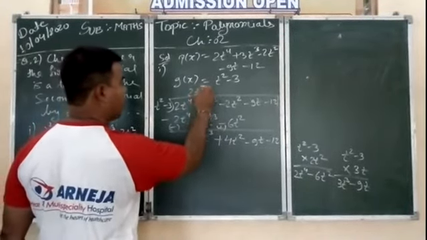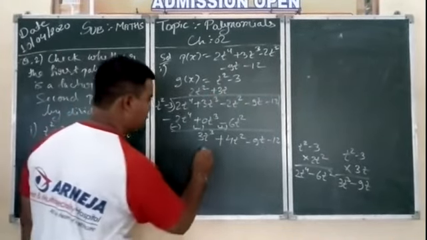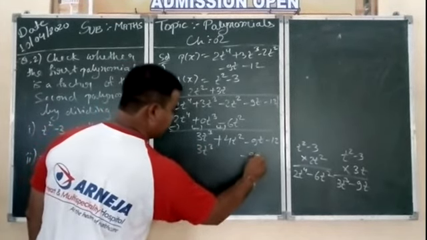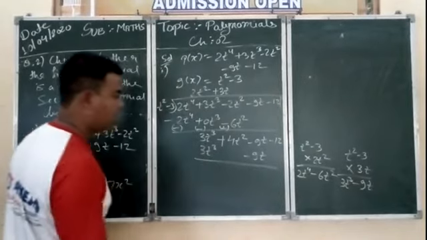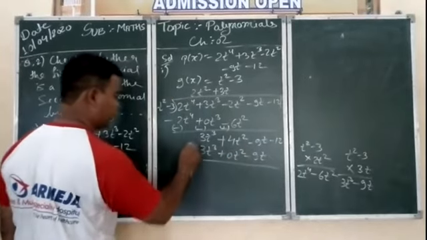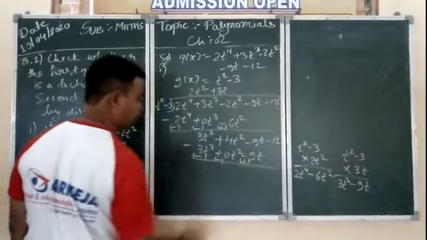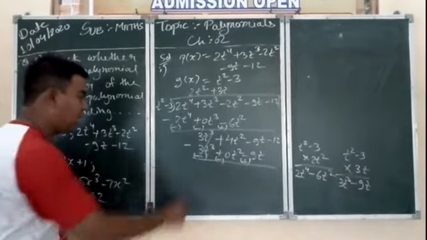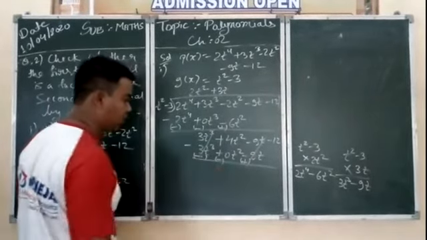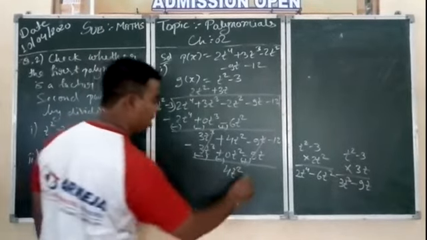So we write 2t square plus 3t. Here we write plus 0t square. The signs change, so 3t cube minus 3t cube cancels, and minus 9t plus 9t cancels. So we are left with 4t square and minus 12.